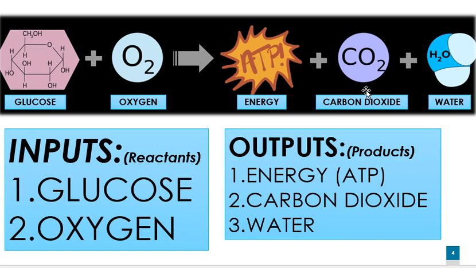But take note again, it is a reversed reaction of photosynthesis, so carbon dioxide is needed by plants, but in here it serves as our waste product. And then we have water. So therefore, these are our inputs and these are our outputs for cellular respiration. Take note again, it is the reverse reaction of photosynthesis. They are reversed.